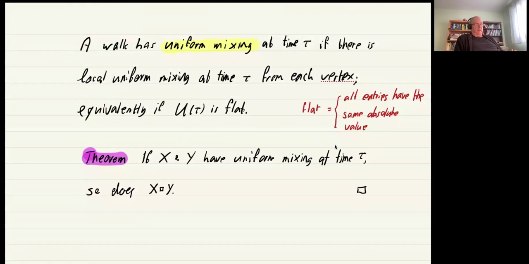Now, uniform mixing is interesting combinatorially because we're getting flat unitary matrices, and these have a number of combinatorial consequences. Local uniform mixing already is fine, so we just need a column of U(t) to be flat. And the theorem is that if X and Y have uniform mixing at time tau, then so does their Cartesian product.